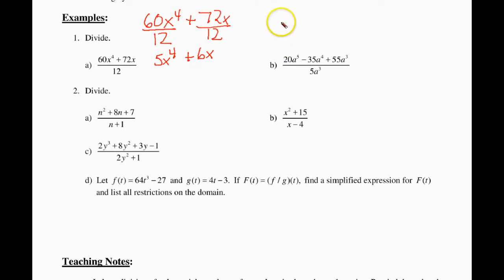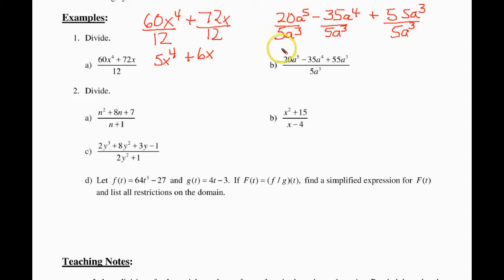Now in this next one, again, you write out the terms. And the denominator is placed under each of your terms in the numerator. And now you just simplify.